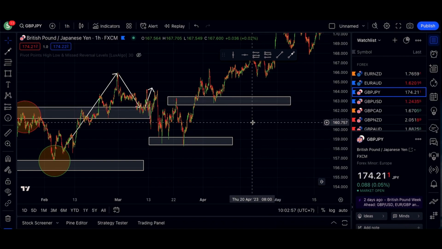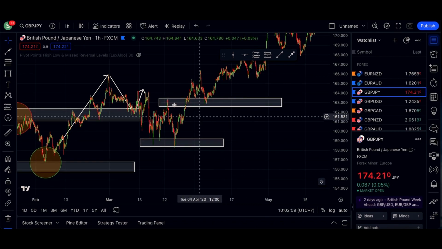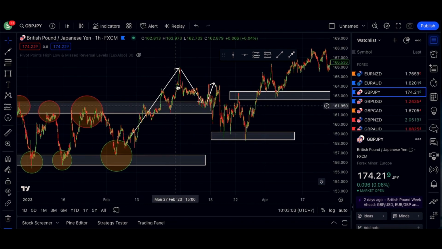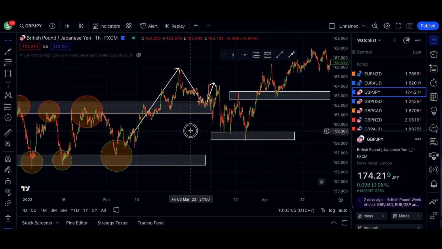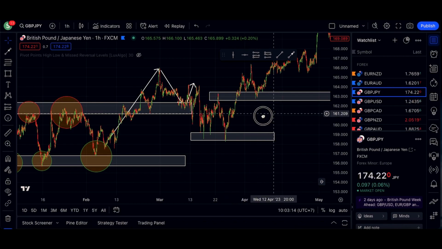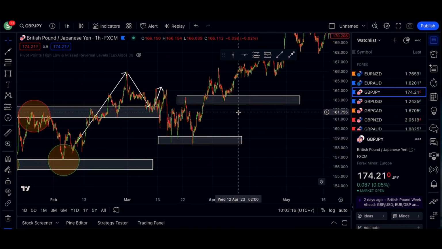We want to be on their side. We don't want to go against the market. So again, the market creates new areas all the time. You have to keep adapting to these areas and keep redrawing them as the market dictates.